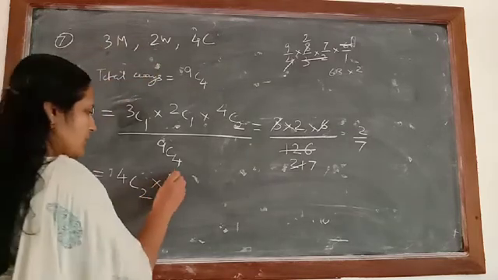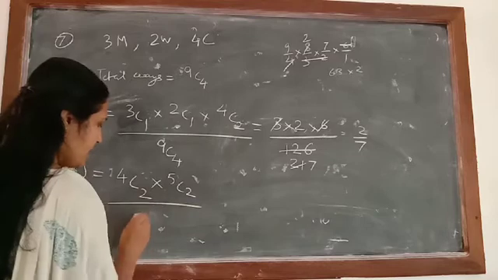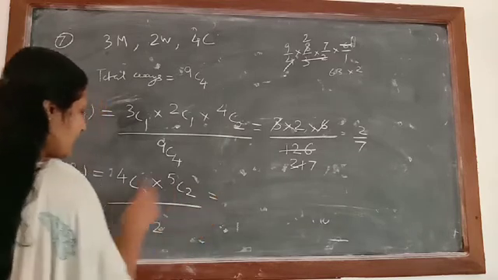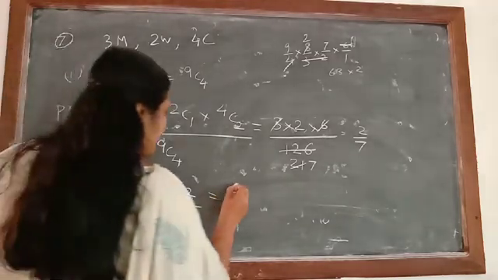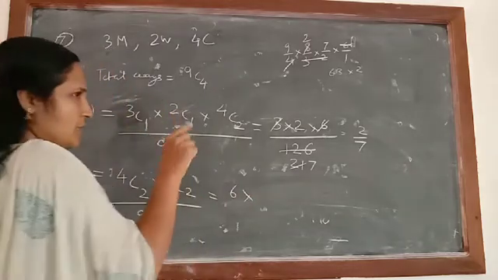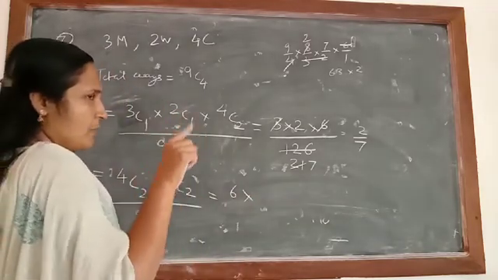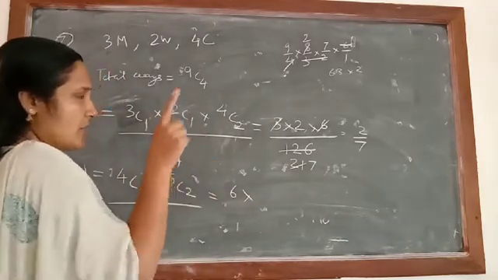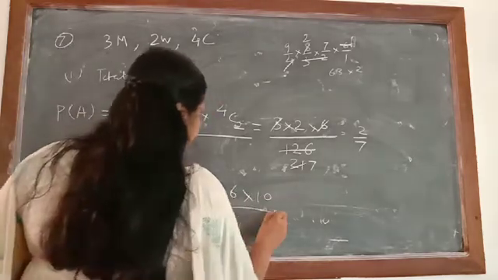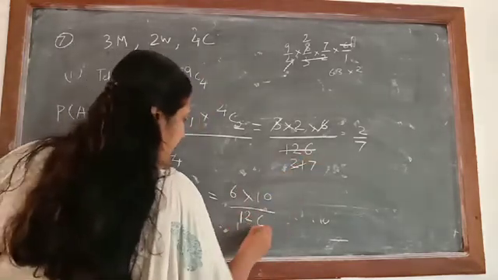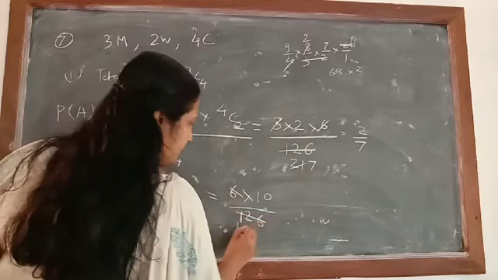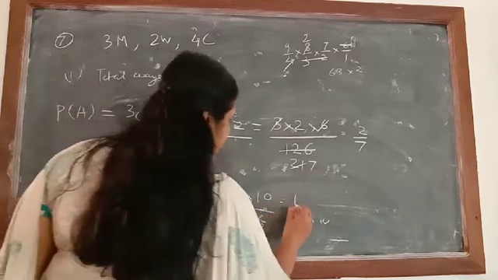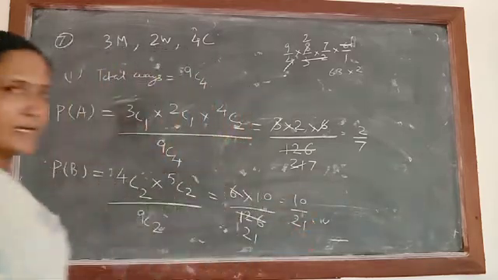So it will be equal to 5C2 by 9C4. And as we know, 4C2 is 6. Then 5C2, 5 by 2 into 4 by 1. So 2 2s are 4. So it will be equal to 10 by 126. So again we can cancel here. Then it will be equal to 10 by 21.